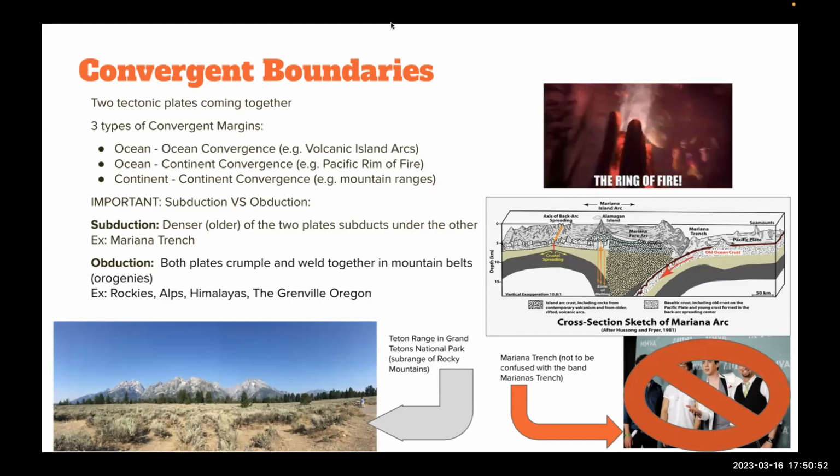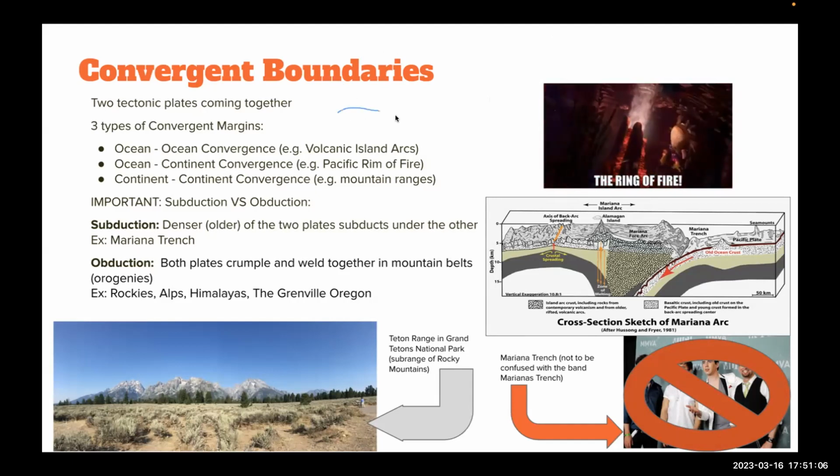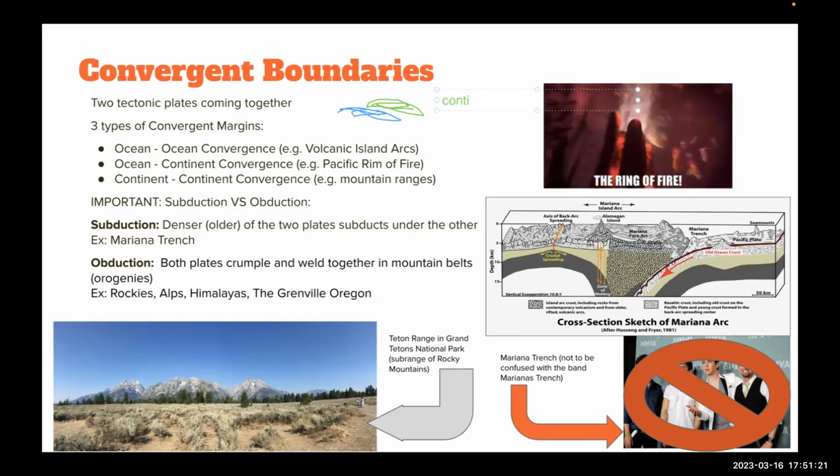Continental plates are lighter, less dense than oceanic plates. So the denser, heavier ocean plates tend to go below. They fall below the continental plate, and the continental plate will always go above an oceanic plate if they come together. So that's our second type of interaction, ocean-continent convergence.